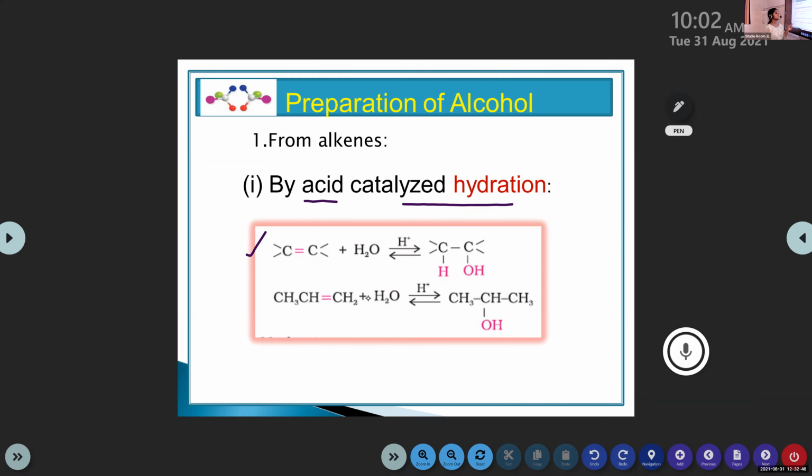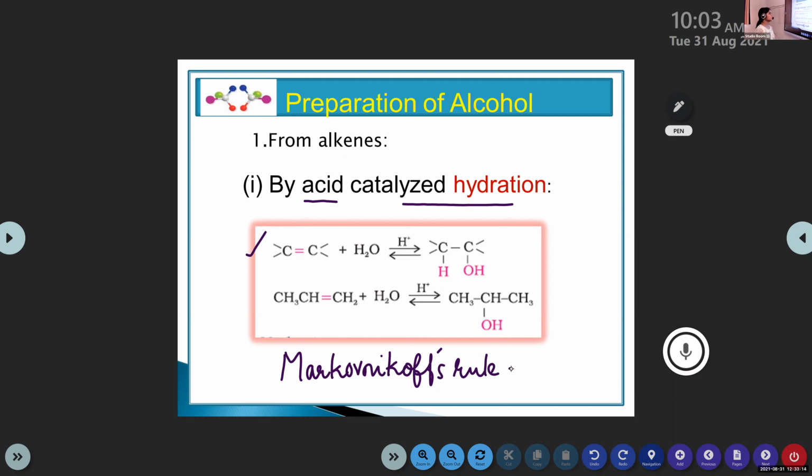But in the case of unsymmetrical alkenes, you have to follow one rule. Do you remember the name of the rule that we are using? Very good, Markovnikov's rule.